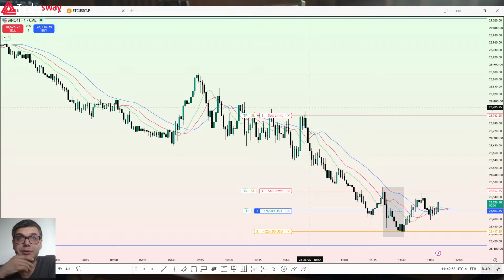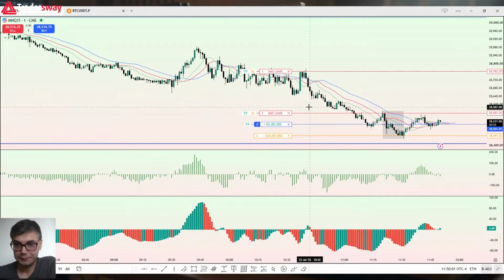The POC number has increased to 730 contracts. AO shows divergence.